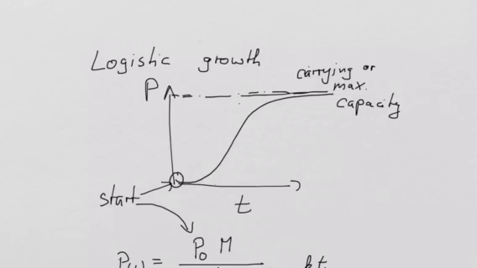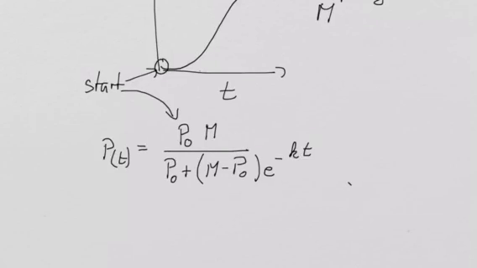Now, we don't know for human beings where this maximum capacity is. We have to obviously figure that out at one point. And just simply let's go back to our equation. Very often this carrying capacity is abbreviated with a capital M.